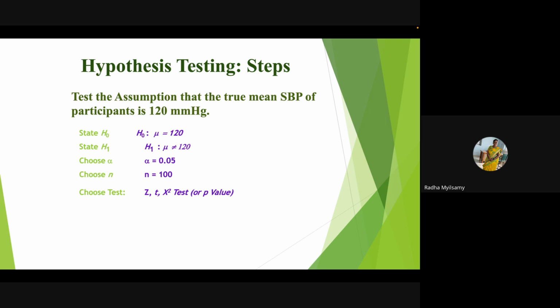After that, we want to know the test statistics. That is the third step. Test statistics is nothing but the formula which is used to test our parameter based on the statistics value. After using that formula, what we get is called the calculated value.